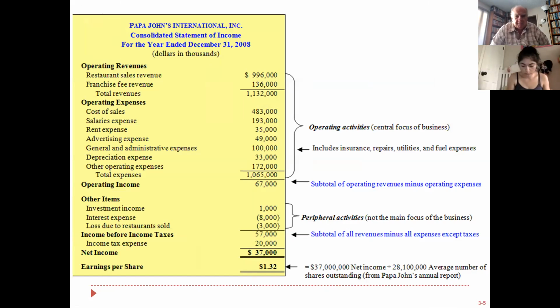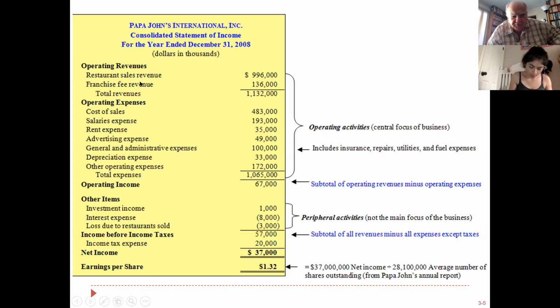So let's take a look at Papa John's statement of income for the end of 2008. You've got to update this book. It's 12 years old. Operating revenues. Companies can have tons of different categories. Coca-Cola, if you look at their income statement, I bet they've got a line for sales to New Jersey, sales overseas.